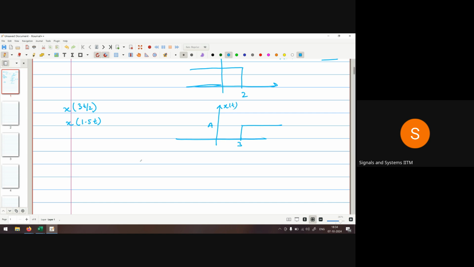Now x of 1.5t means the signal will be expanded.